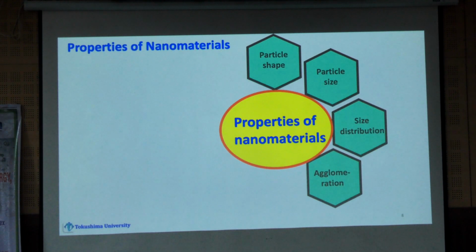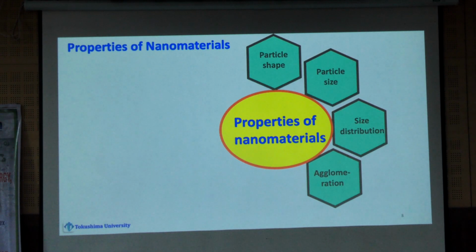Size distribution and agglomeration. Size distribution means sometimes some nanoparticles have equal size, some nanoparticles have maybe 20, 30, 50. So size is not homogeneous. That is how the size of nanoparticles prepared in our laboratory is.